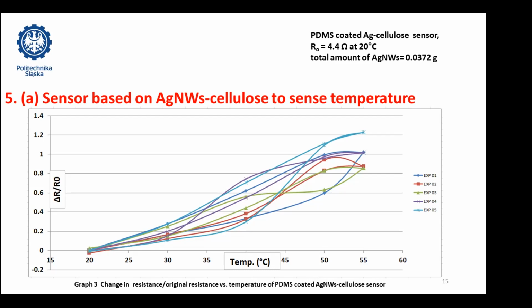Most importantly, all these graphs are reversible, meaning that when we heat it, the resistance rises, but when we cool it, the resistance came back to its initial value in all of the 5 experiments.